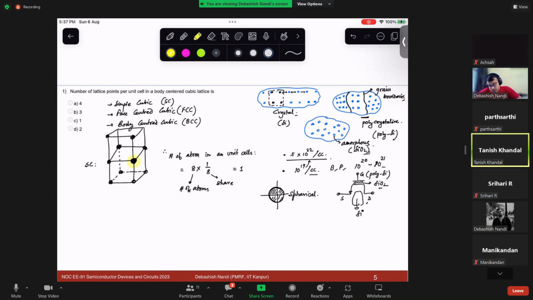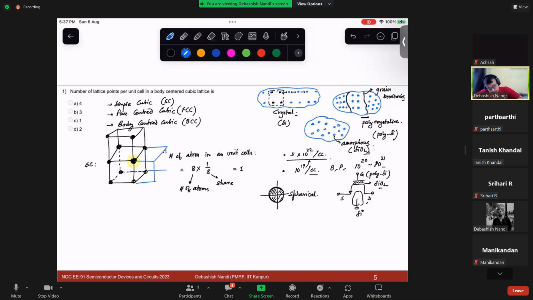Yes, sir. Now if I draw another adjacent cube, can you see that this atom is shared between 3 cubes? Similarly, you will have one cube here, so this will be shared between 4 cubes. Out of the paper there will also be 4 cubes. So one atom at the corner point, this volume will be shared between 8 cubes.